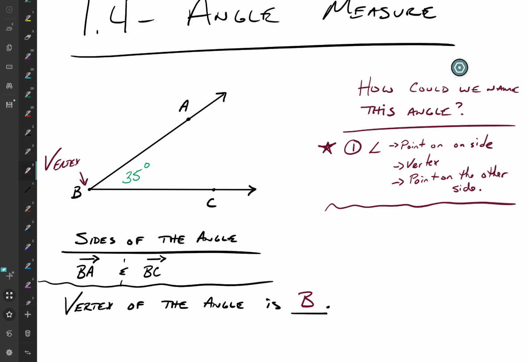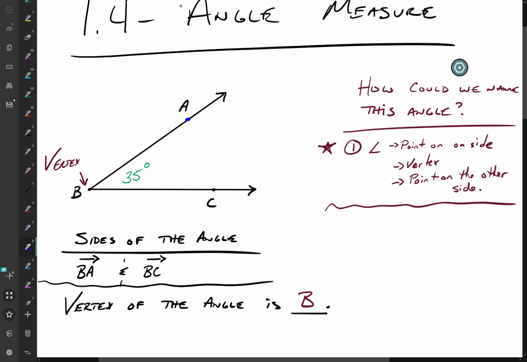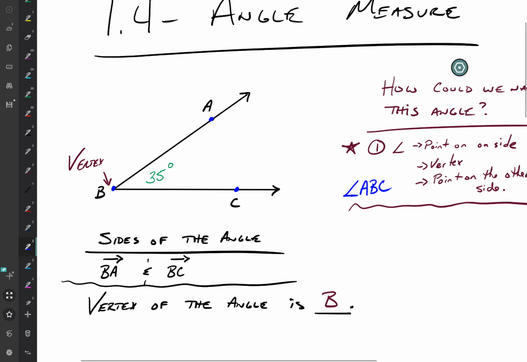All right, guys, so what did I just say there? Did you hear what he said? He said angle A, B, C. What you do is you use this symbol for angle, A, B, C. You guys see how that makes sense up there?